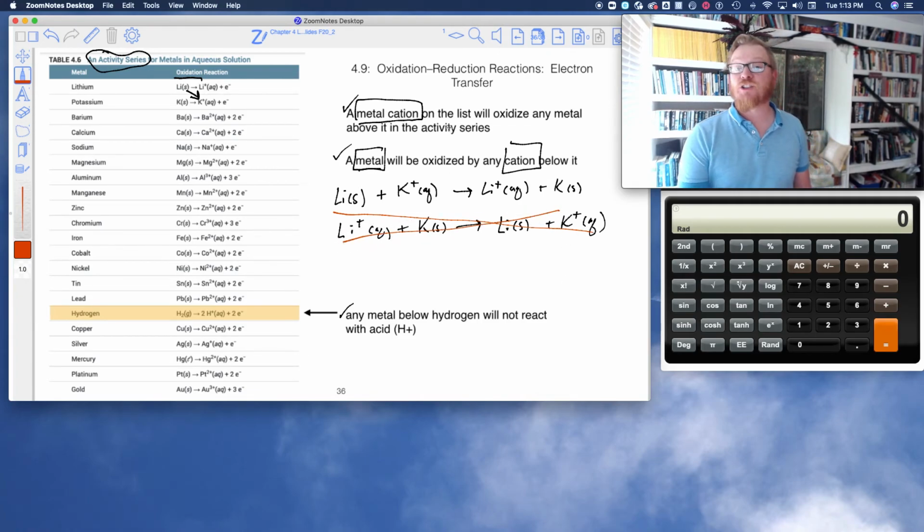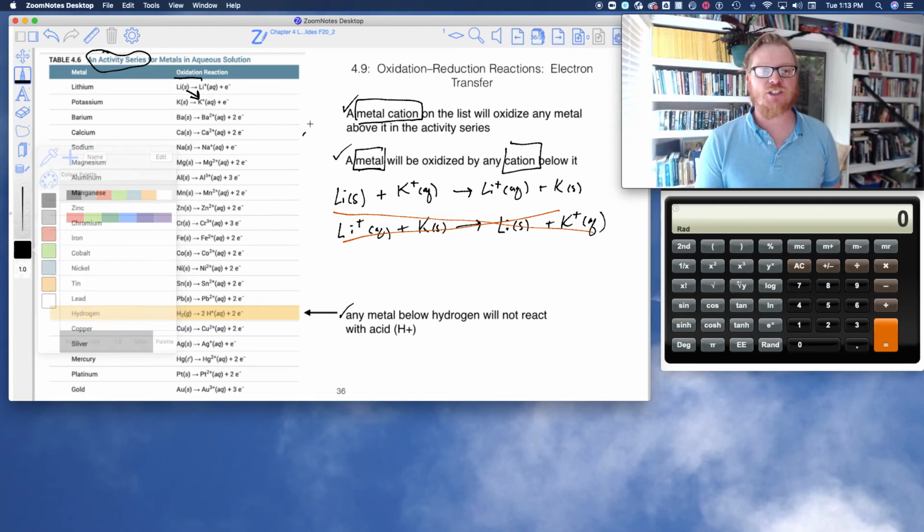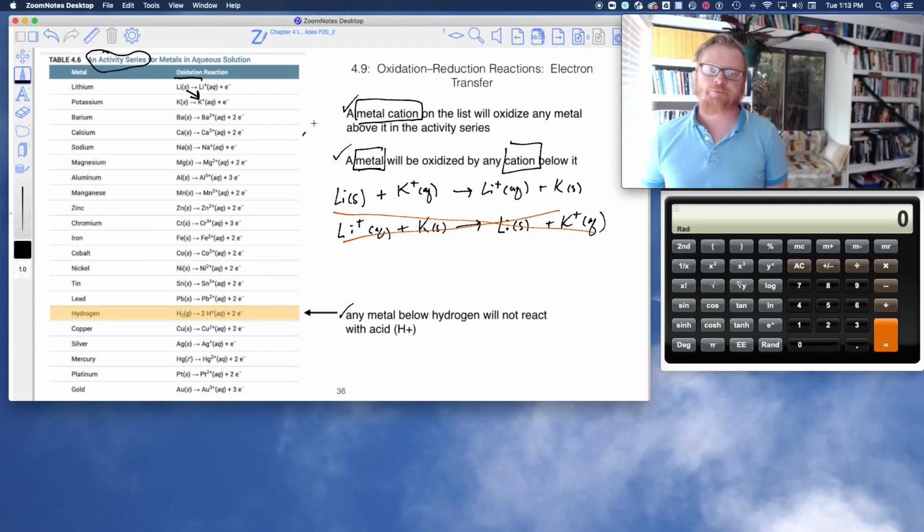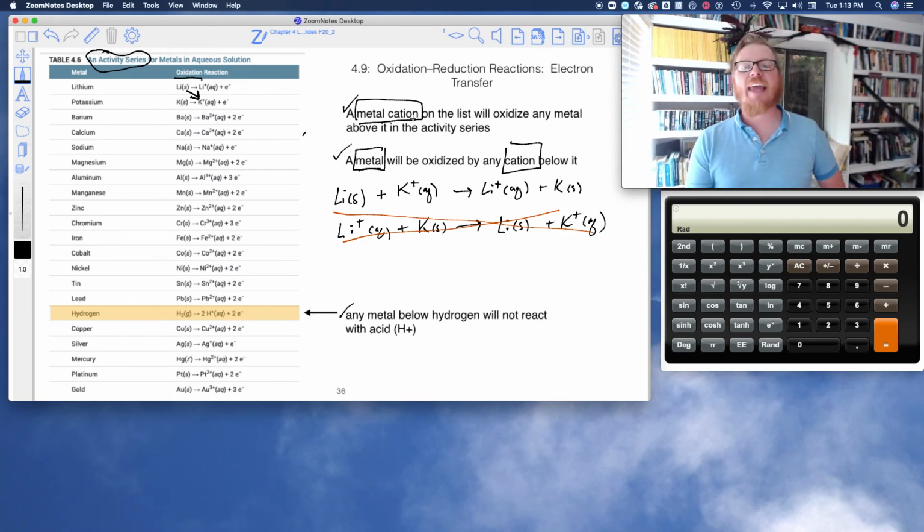So that's what these two points are. They mean the same thing. It's just two different ways of saying it, okay? So a metal cation on the list will oxidize any metal above it. So look, when I said lithium plus, there's nothing above lithium plus.